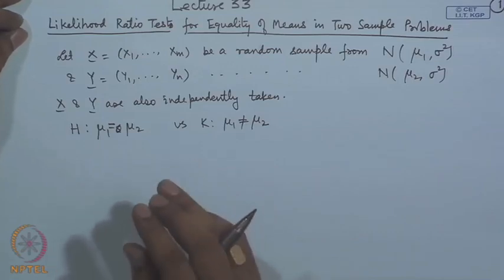Another important point to notice here is that in the likelihood ratio test, the alternative hypothesis does not play a role, whereas in the Neyman-Pearson theory, the alternative hypothesis has to be specified in order to discuss the power, because we are talking about the most powerful, uniformly most powerful, or the UMP unbiased tests. So, all the time power is a consideration. In the likelihood ratio test, we are only looking at the null hypothesis parameter set and the full parameter set.